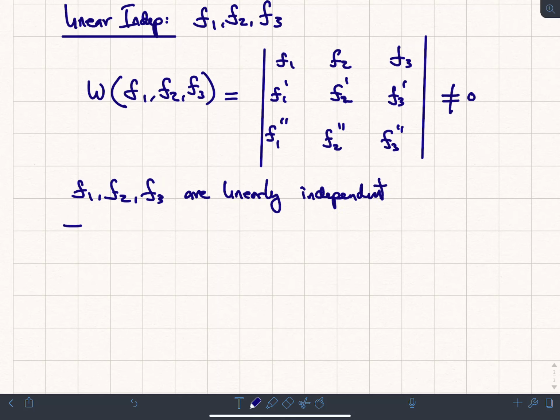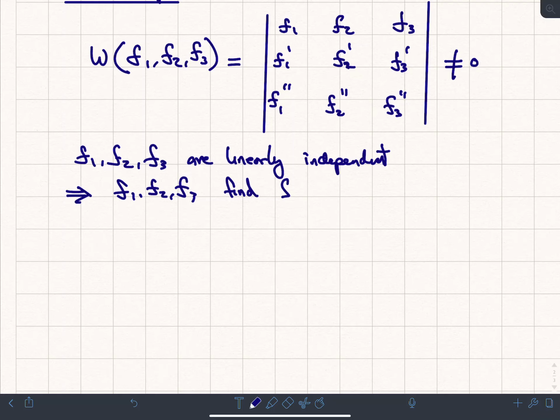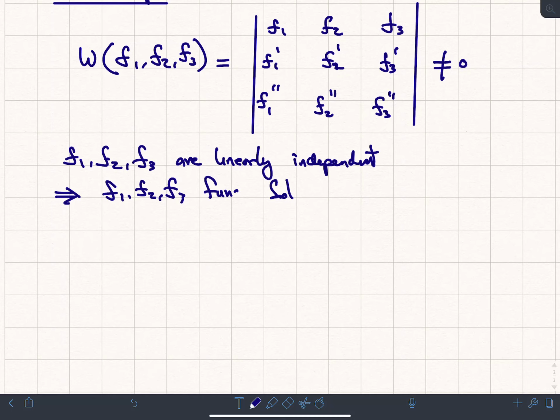Which obviously you guys recall means that f1, f2, and f3 are actually fundamental solutions of the given differential equations.